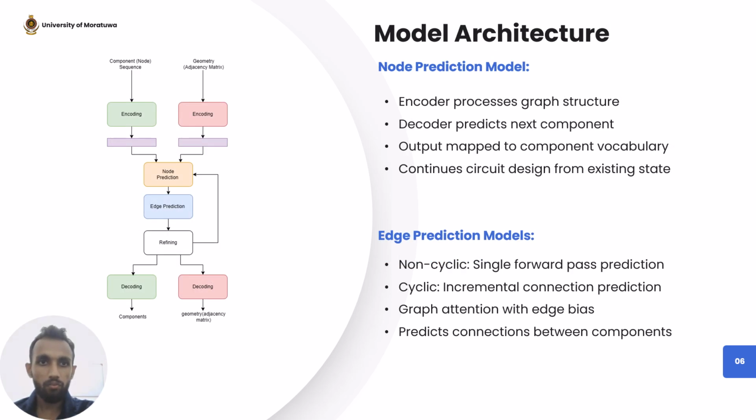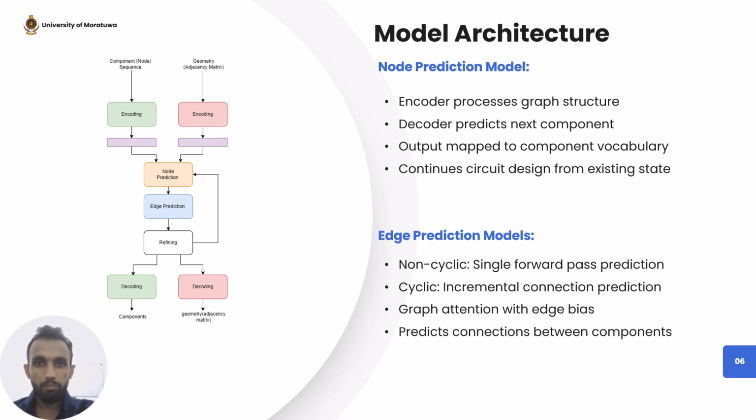Next, let's work through the model architecture used in our approach. This design is composed of two main parts: the node prediction model and the edge prediction model. We begin by feeding in two types of inputs: the component sequence and the circuit geometry in the form of an adjacency matrix. Both of these are encoded separately.